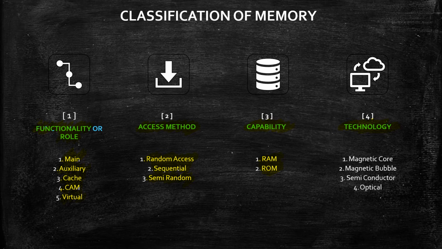There are four different technologies available: some memories may use magnetic core technology, some magnetic bubble technology, some semiconductor technology, and some optical technology. We'll see functionality, access method, and capability in detail in the consecutive lectures. So this is about the classification of memory.